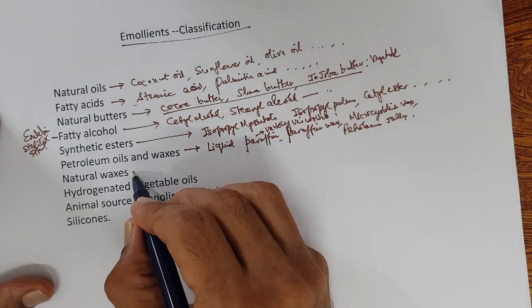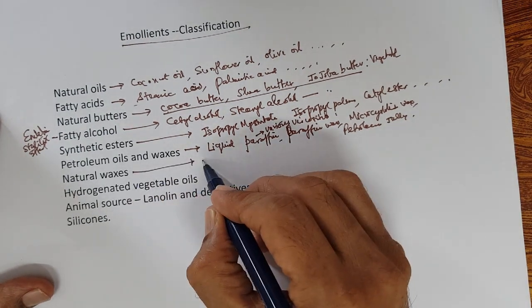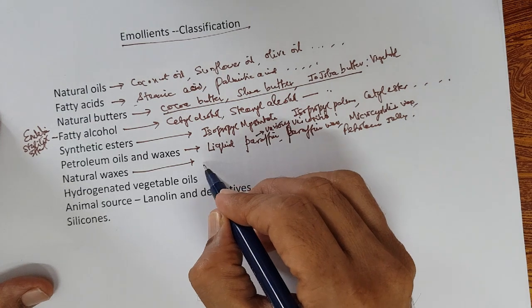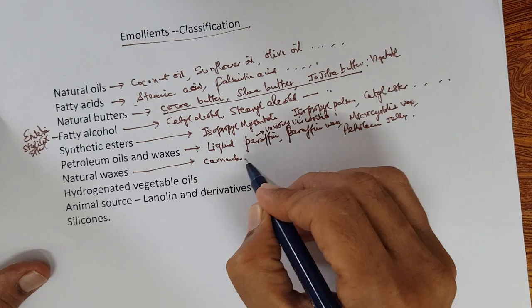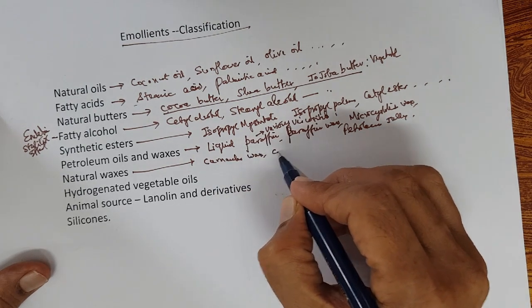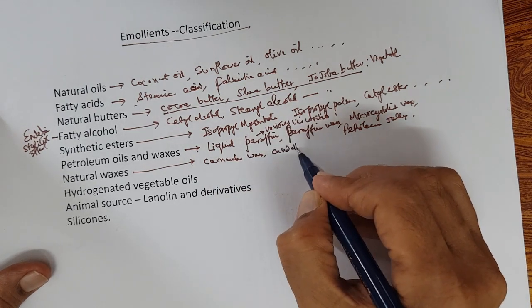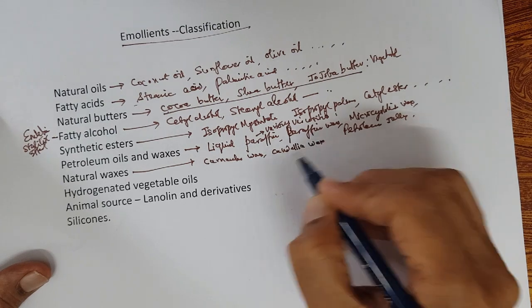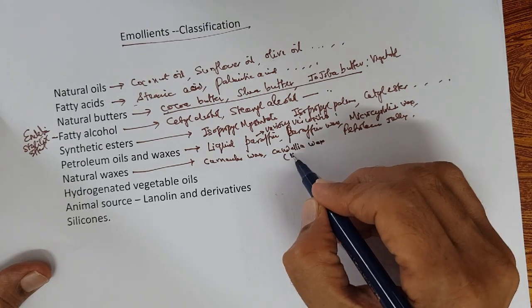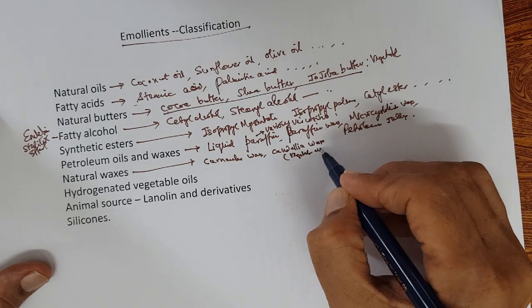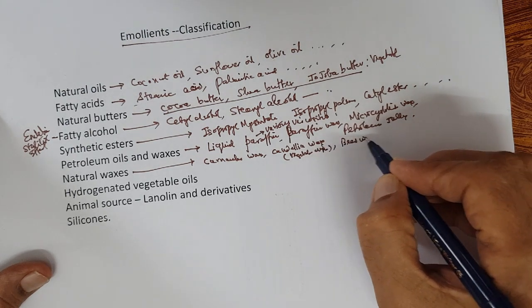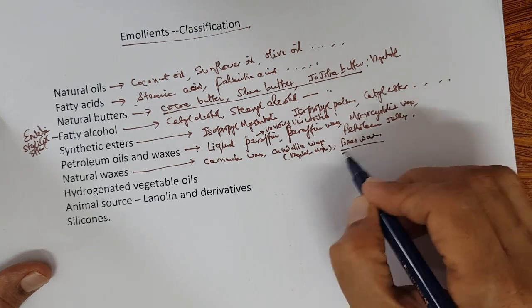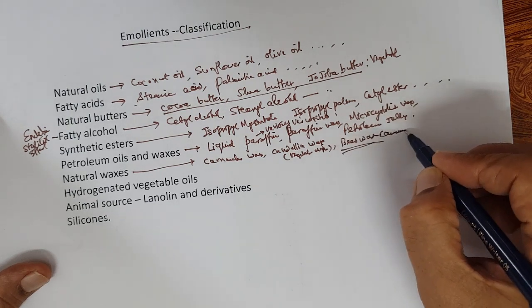Right? Natural waxes. What are the natural waxes? Carnauba wax, Candelilla wax. Both are of vegetable origin. Then beeswax, okay, animal origin.